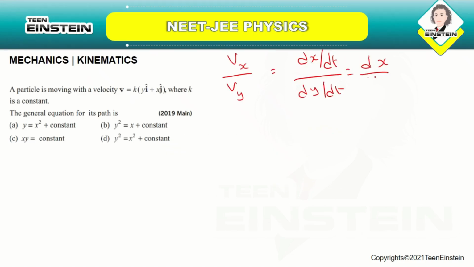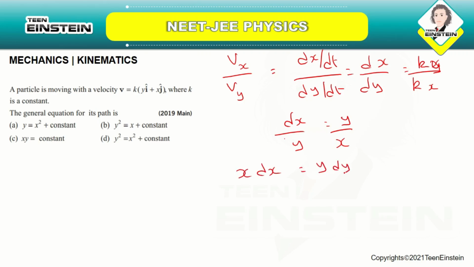dx by dy will be equal to ky by kx, or it is equal to y by x. Now you take this x this side, it will become x dx is equal to y dy.